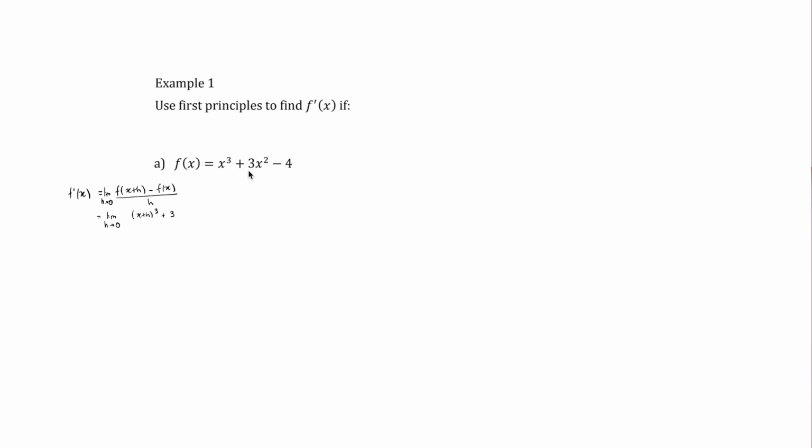Instead of x, I'm going to have (x plus h) squared minus 4, and now minus just f of x as it is, right? So minus (x cubed plus 3x squared minus 4). And this, of course, all over h. And yes, it is going to be a big expression that now we are going to expand and simplify, okay?